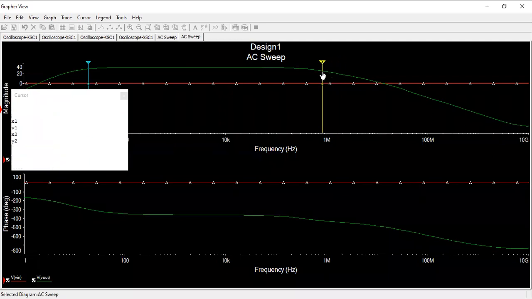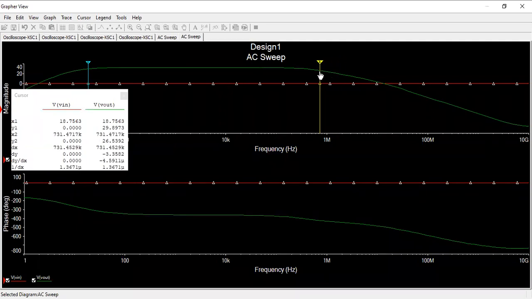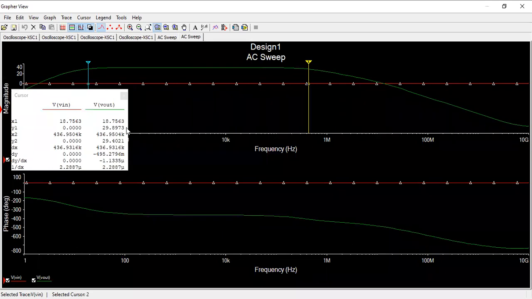So what is my X2? It is 436K. X1 is equal to 18.7 hertz. You are going to get 436 kilohertz.